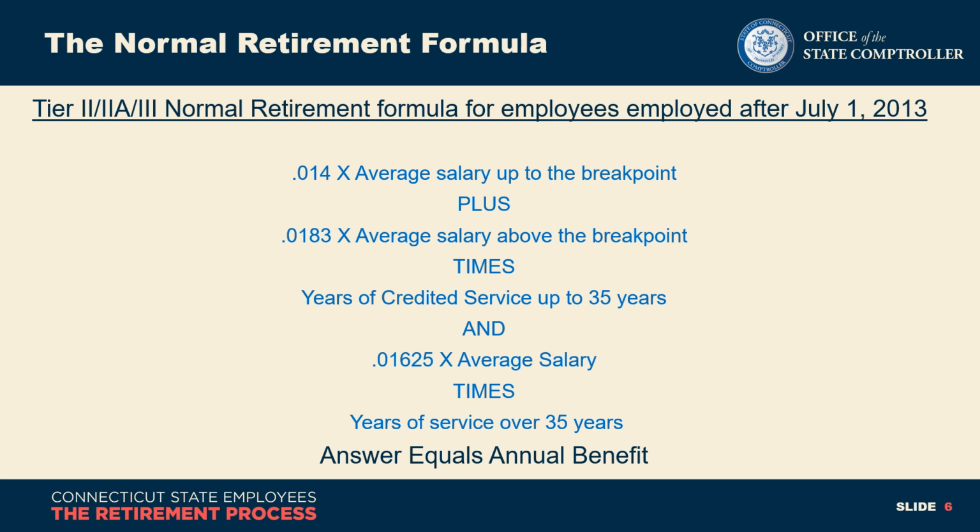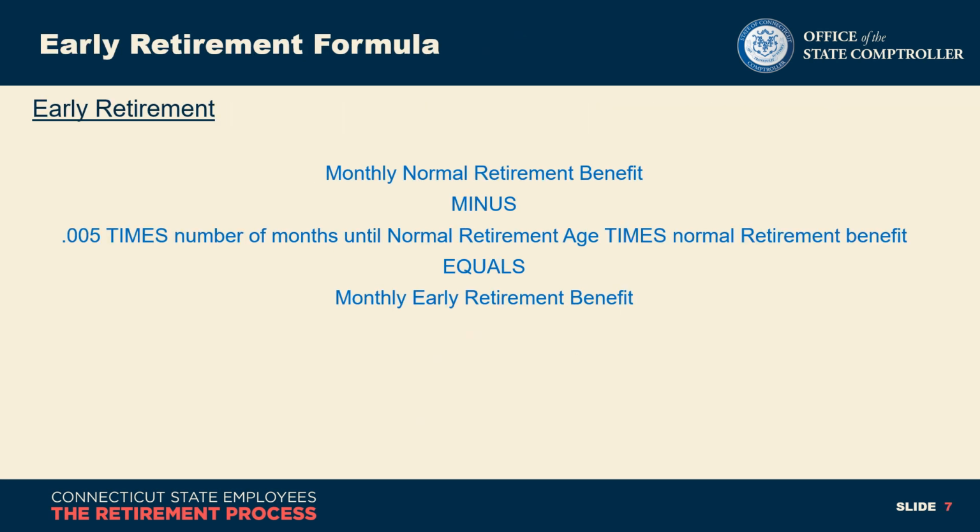Though the formula for a normal retirement calculation may appear complicated, it is much easier to understand while using our online estimator and/or Core CT estimator, as they do all of the math for you. For members who retire early, your normal retirement benefit is permanently reduced by 0.5% for each month you retire prior to your normal retirement age.